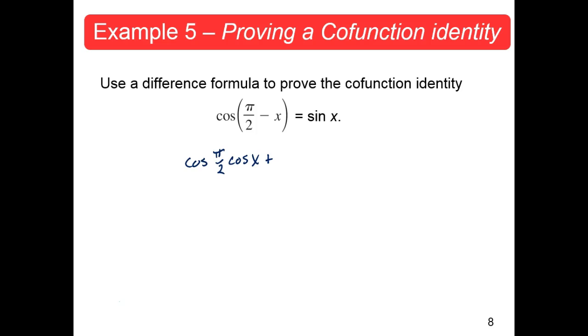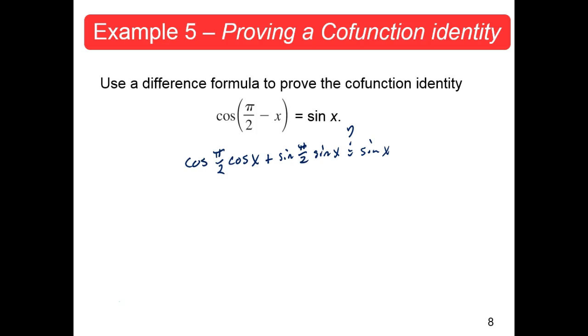Okay. Plus, continue, sine of pi halves times the sine of x. Now the question is, is that equal to sine x? We've been saying it is, but is it? Well, let's see. What is cosine of pi halves?